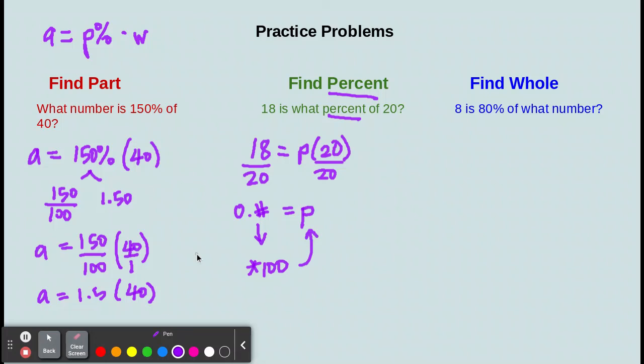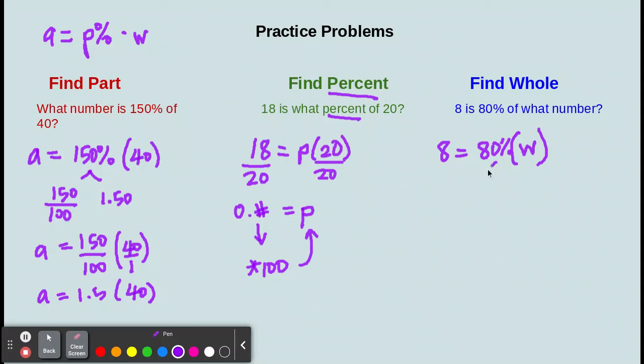All right, finding the whole. Again, using our percent equation, we're going to use that to find the whole. And this question here said 8 is 80% of what number? Well, they gave us the part, they gave us the percent, and then what number? The whole.